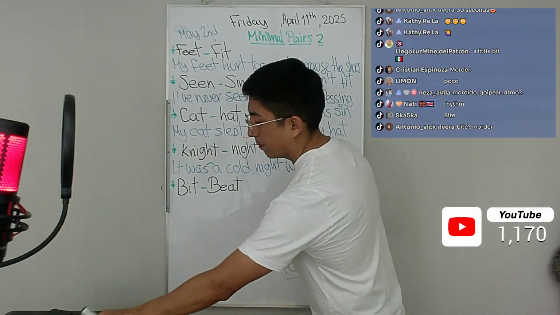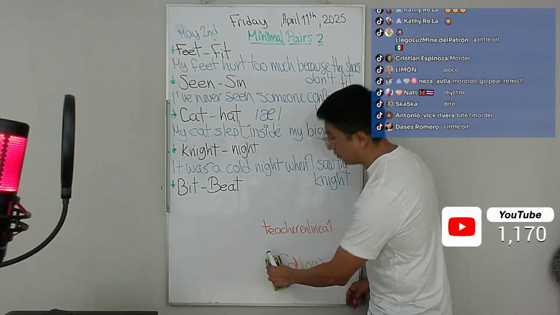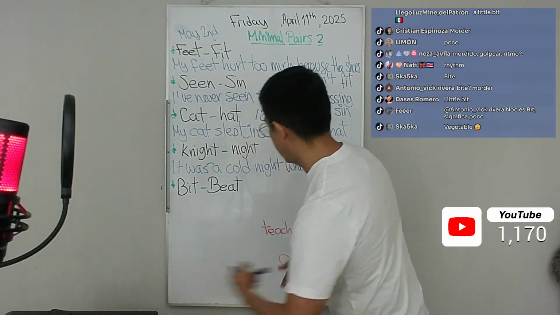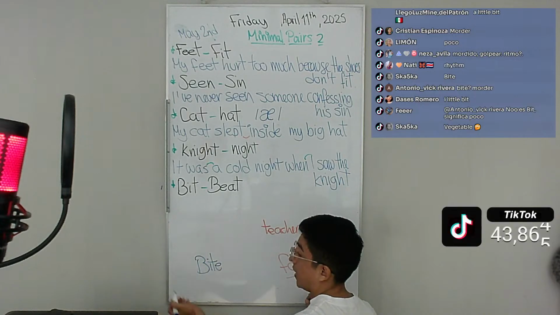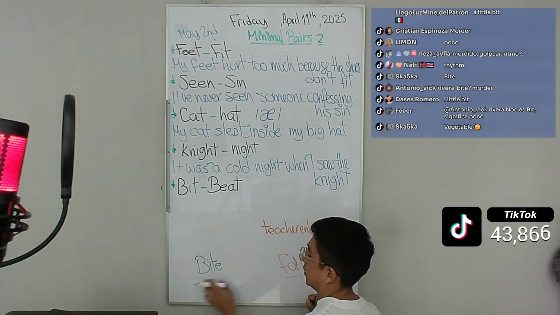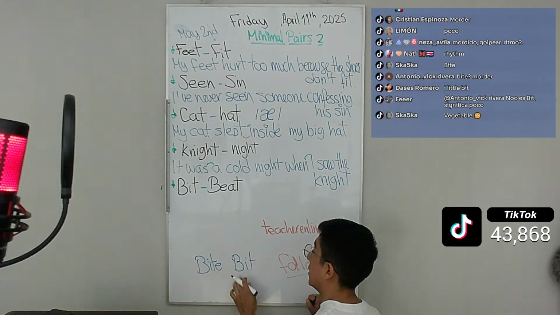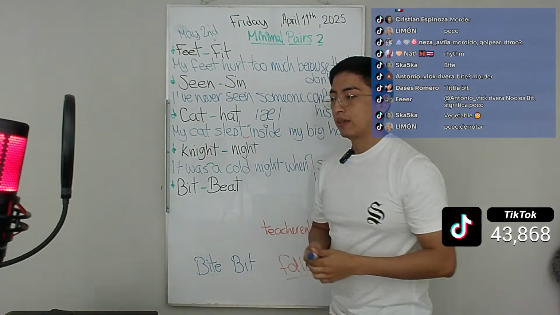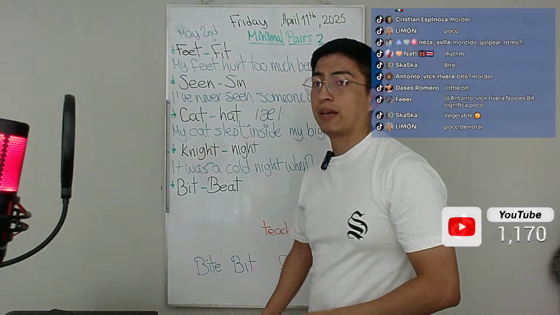Number two, bit is the simple past form of bite. The base form is bite, and the simple past is bit.